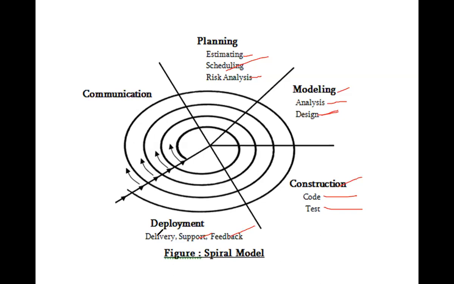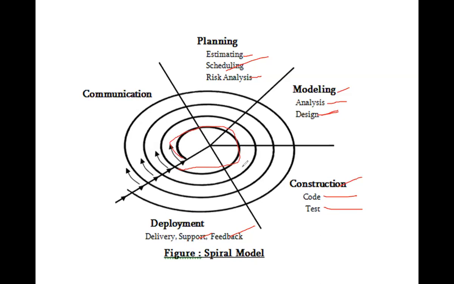We take feedback from the customer in the first phase. We develop and deliver the project to the customer, then we take feedback, and then we make changes. Changes will be taken in another spiral or another phase, which we call an incremental release.